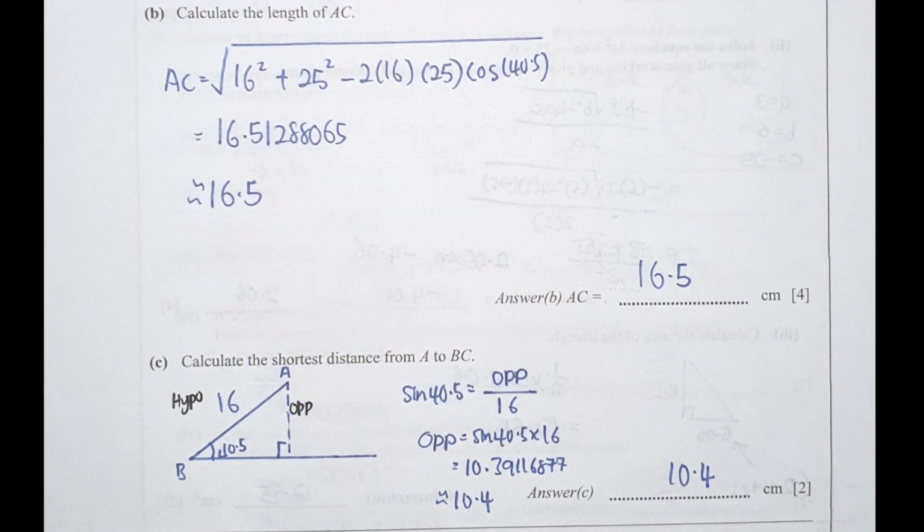As for you to calculate the length of AC, the formula that I use over there is actually the cosine rule formula. Substitute the variables 16, 25 and the angle of 40.5 in the respective places. You should be able to prove that your result is 16.5.